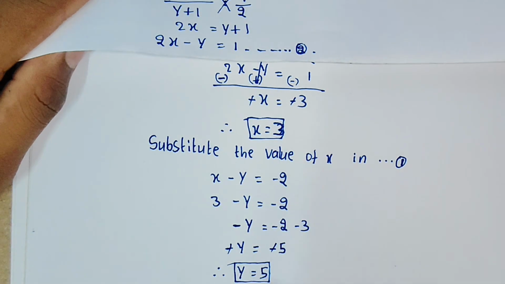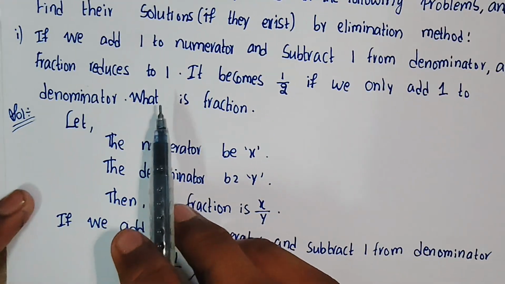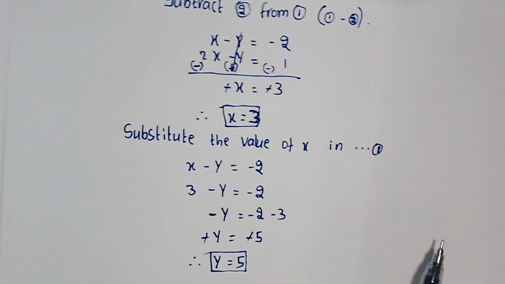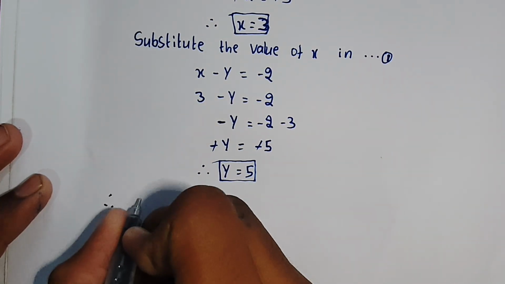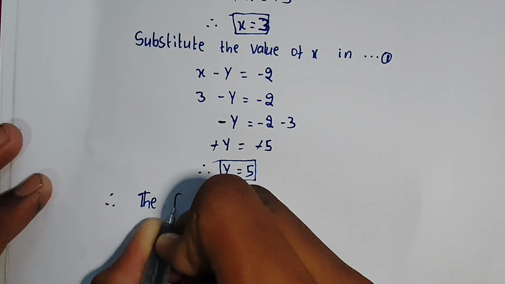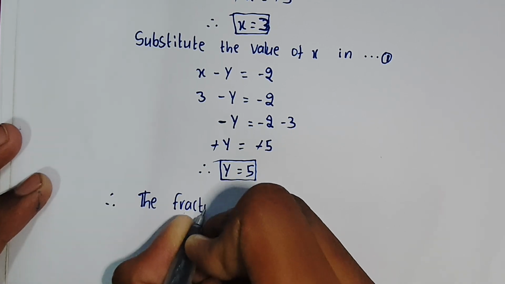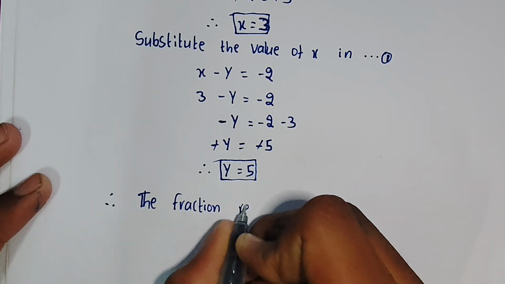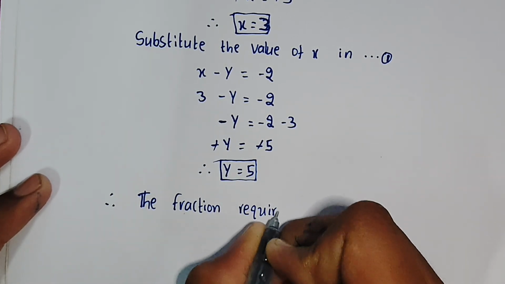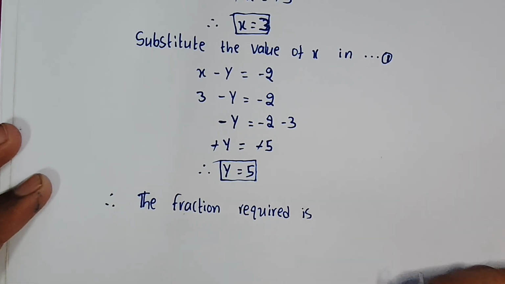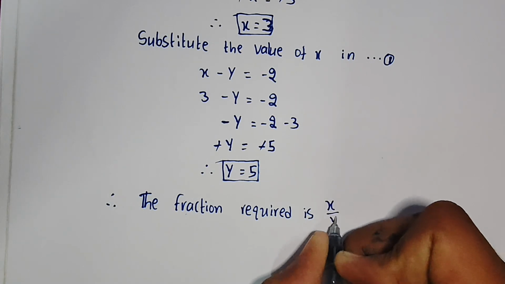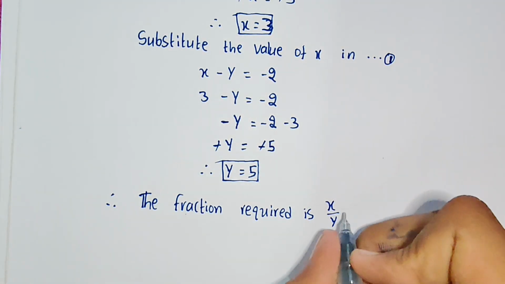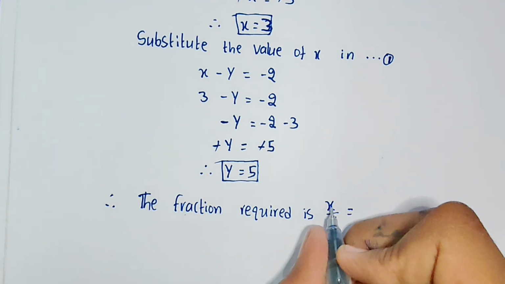We got the value of x and y. What he asked in the last: what is the fraction? Therefore the fraction required is x by y equals to, what is the value of x?